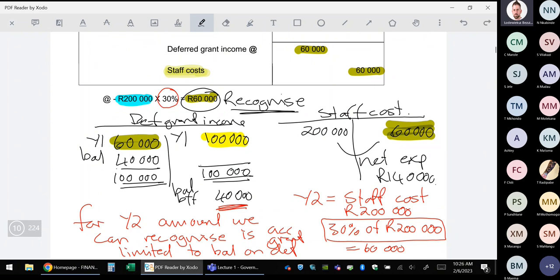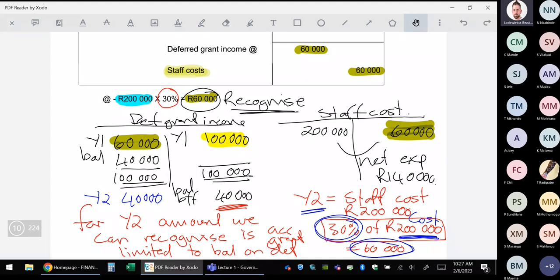So although we want to recognize 60,000, because year 2 salaries again was 200,000 and we recognize 30% of the cost, we only have 40,000 available on the deferred grant income account. So for year 2, we can only say debit deferred grant income account with 40,000. Otherwise, you won't have the correct accounting to do that.